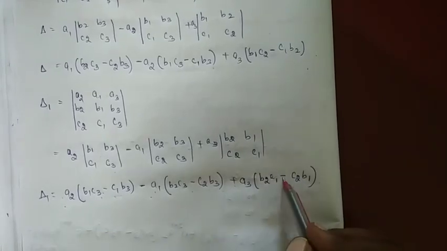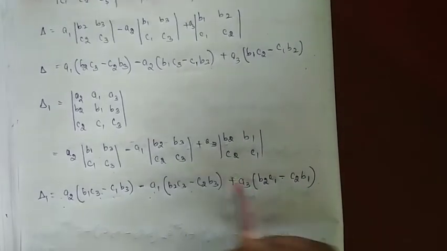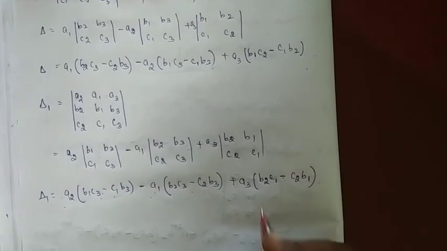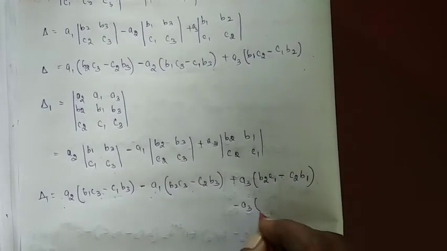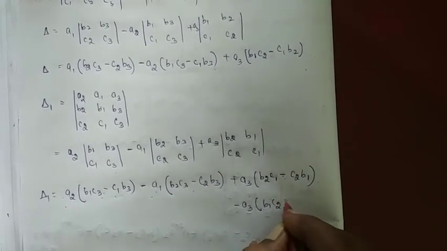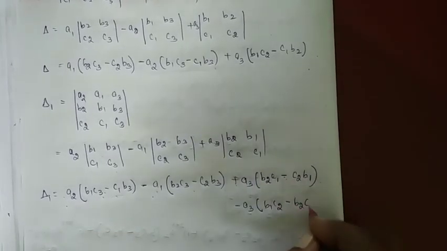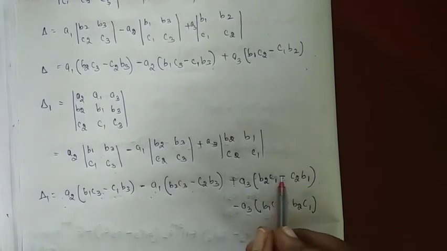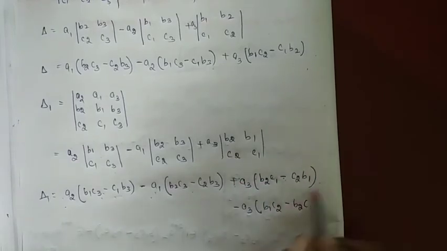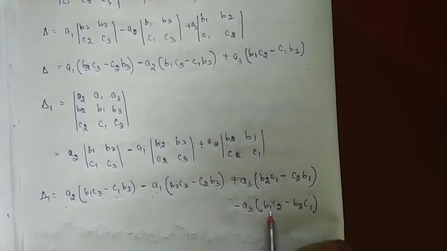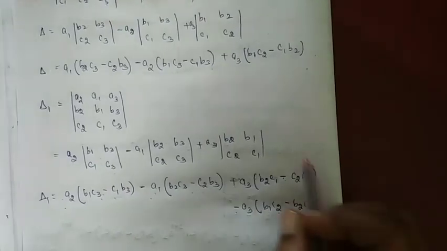So to make it as plus, I can take the sign outside here. So if I remove that sign, then this will become minus a3 of b1 c2 minus b2 c1 will be there.